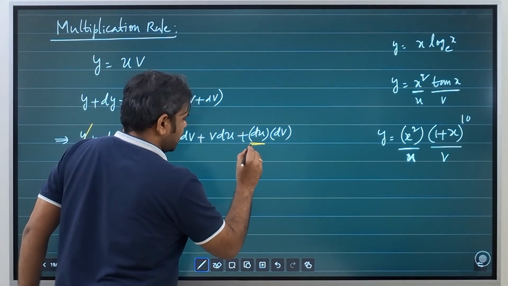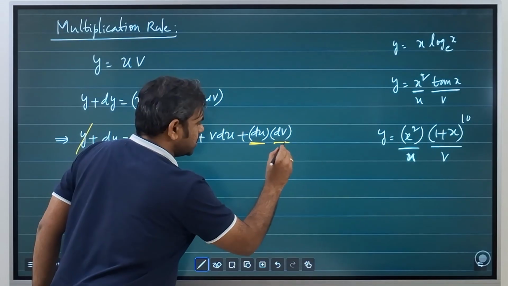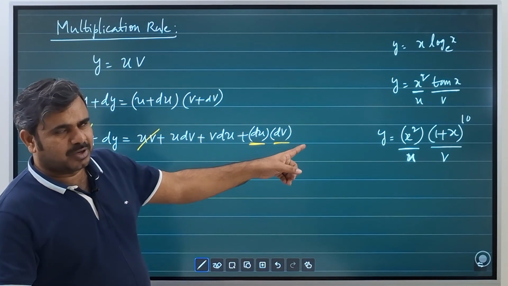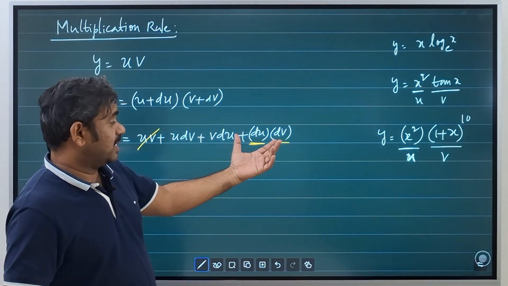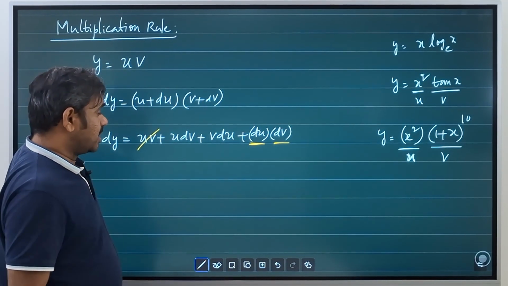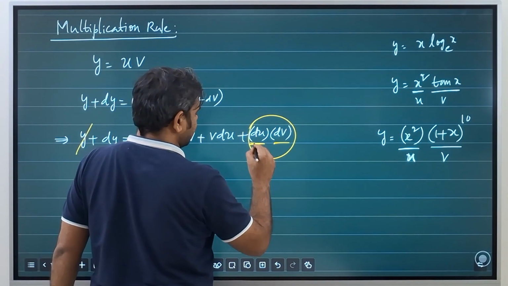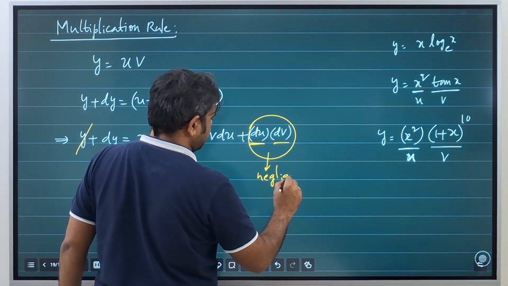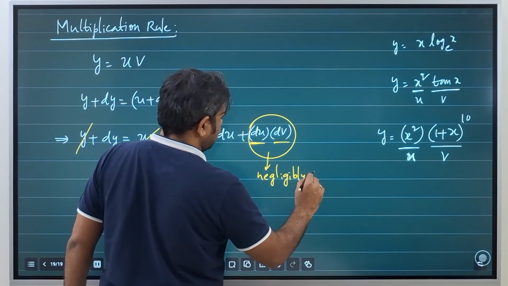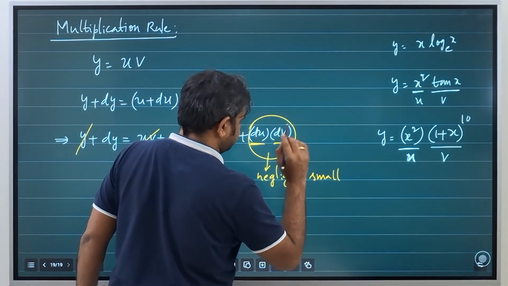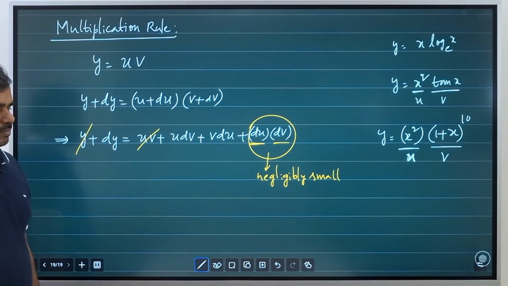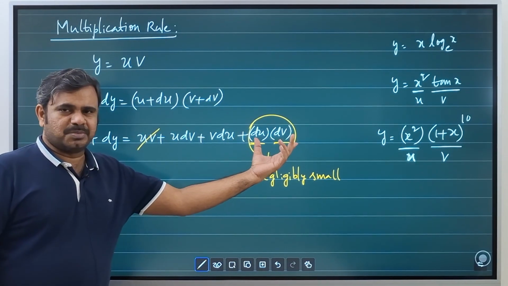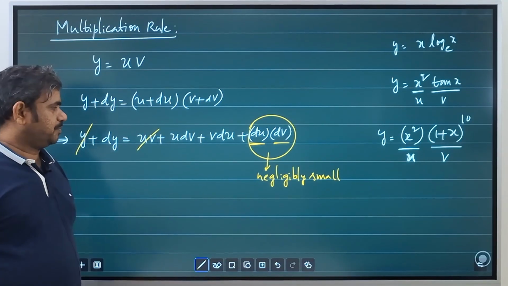du is infinitesimally small. dv is also infinitesimally small. Since du and dv are infinitesimally small, their product becomes negligibly small. So we neglect it. When compared with these terms, this product becomes very, very small.